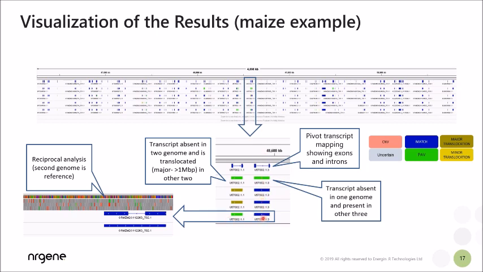So this gene at the right, when compared to these 4 different assemblies, 3 of them are a match, and 1 of them is absent. It has no copy of that gene. Looking at the left side, 2 of them are absent and 2 of them are translocated.